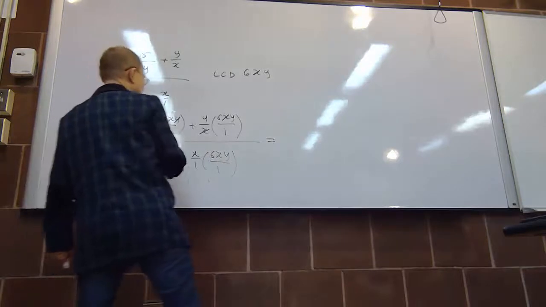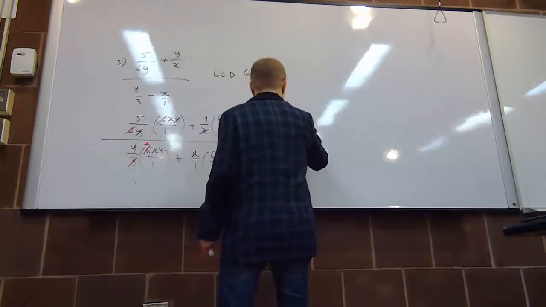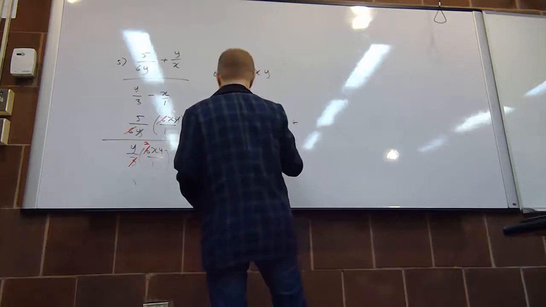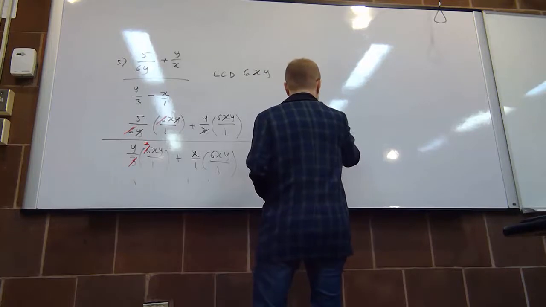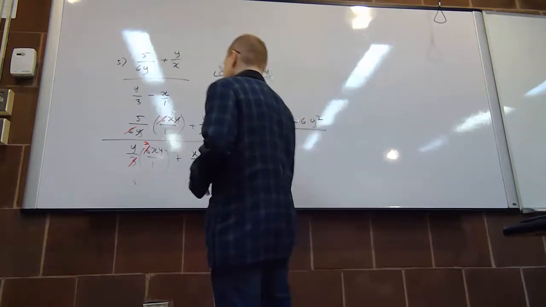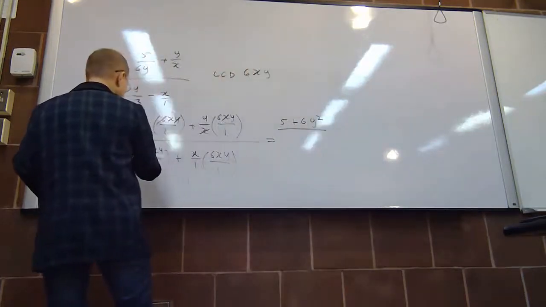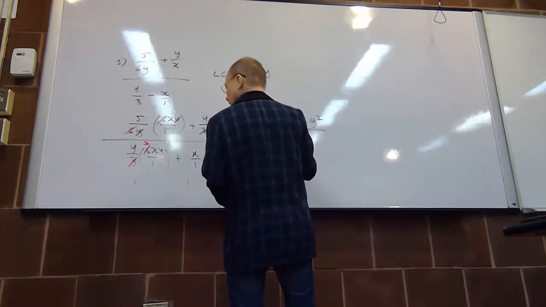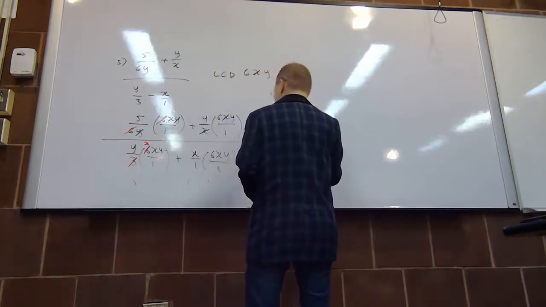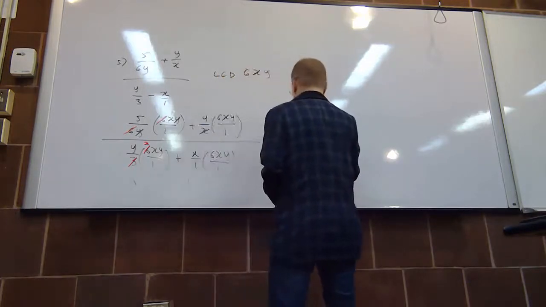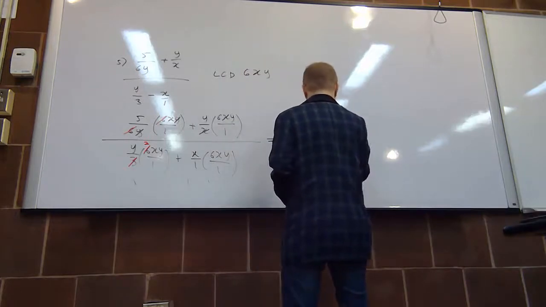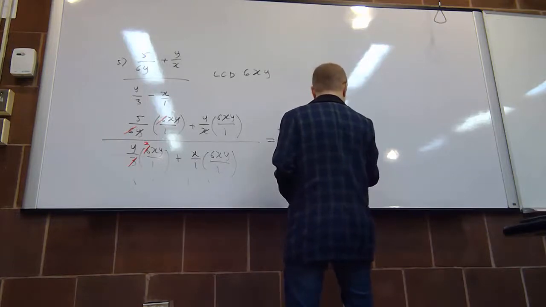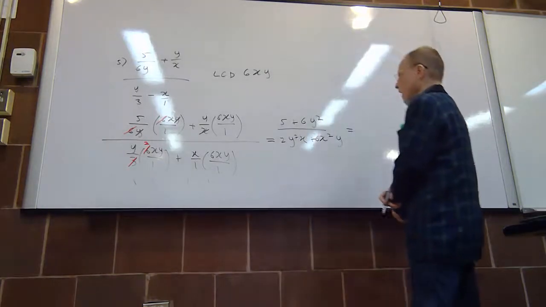So now I have on the top 5 plus 6y squared. And then here I have 2y squared x minus 6x squared y. So now I have this.